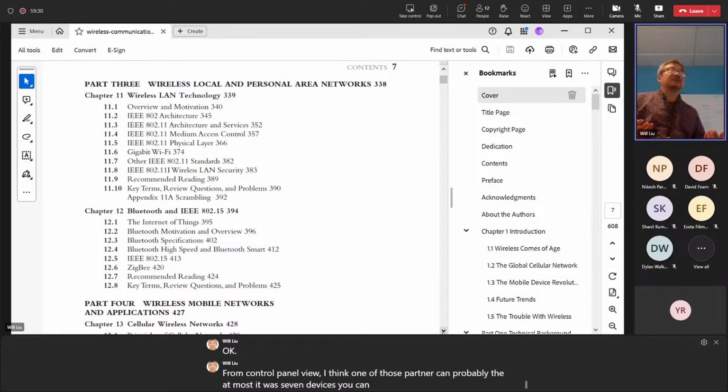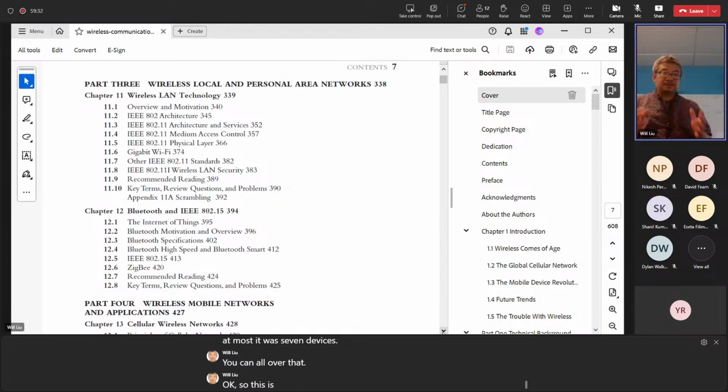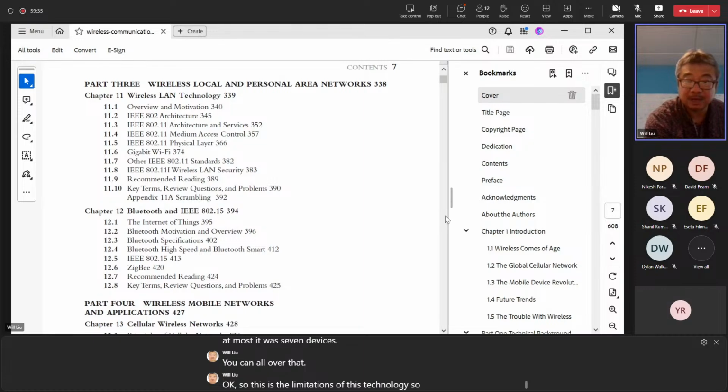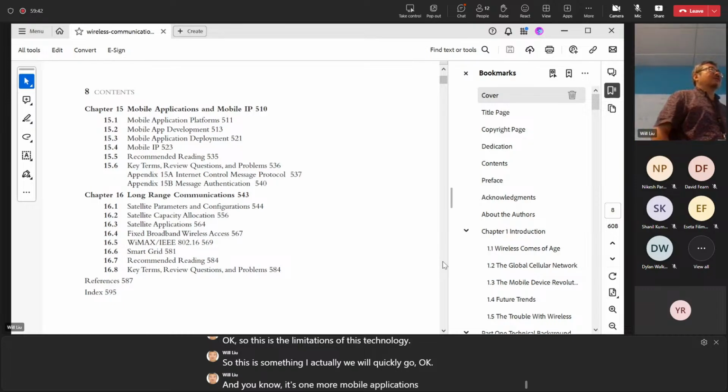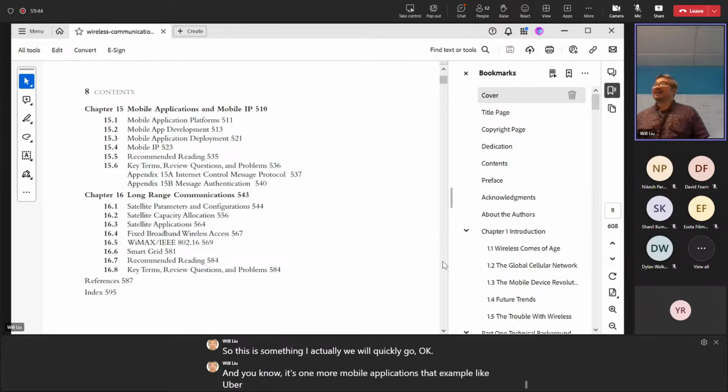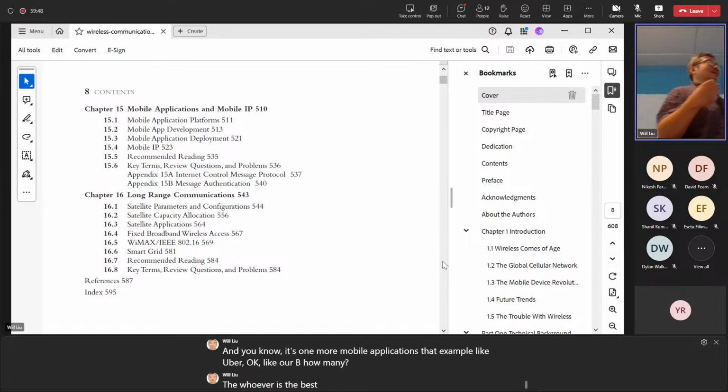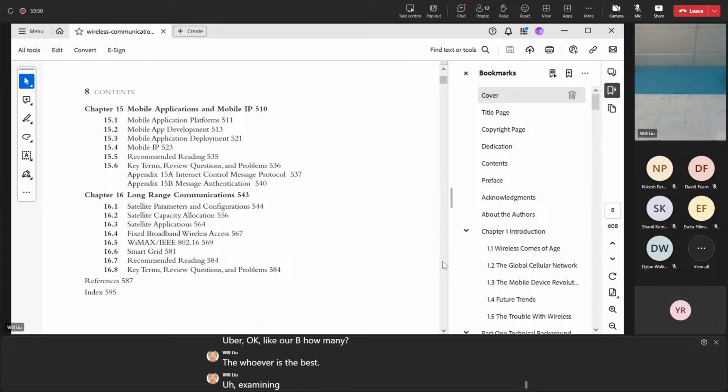You cannot go over that. So this is the limitation of this technology, and we will quickly cover it. And even we will talk about mobile applications, for example like Uber, like Airbnb. Probably Uber is the best exemplary application.